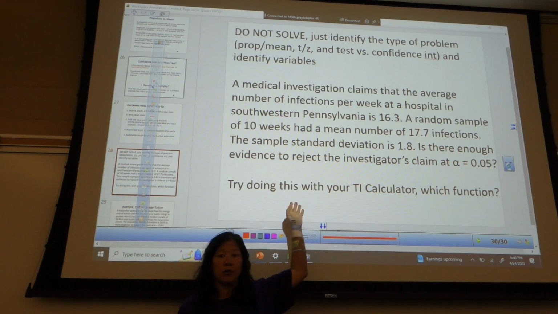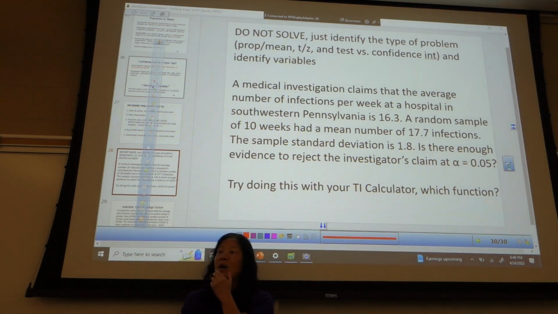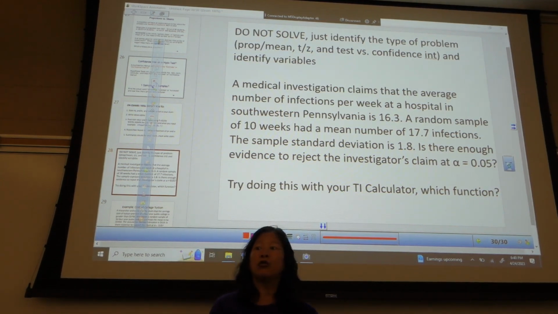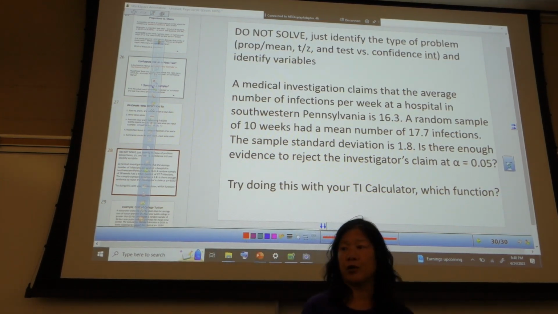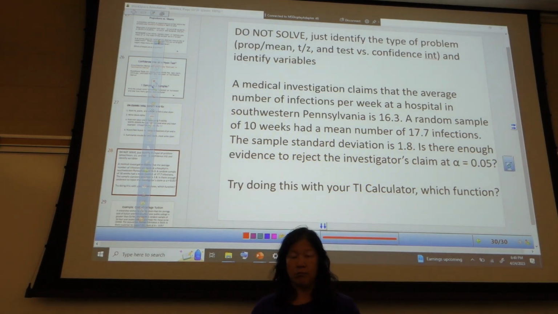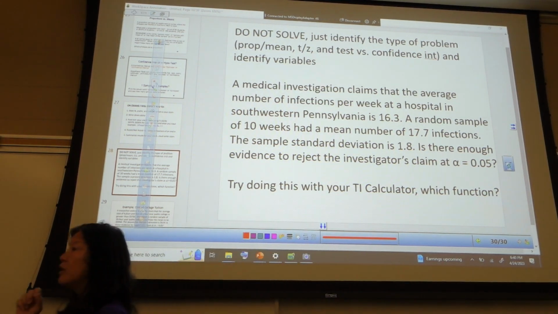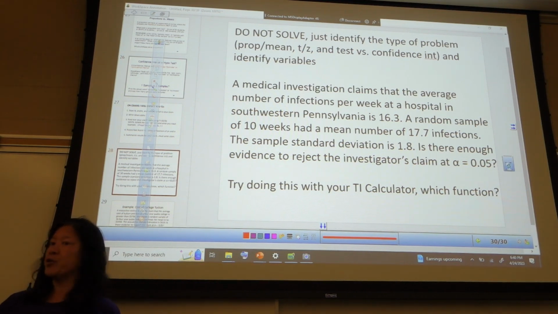But these ones here, people will mess them up because they'll do a hypothesis test on a confidence interval or vice versa. They'll treat a proportion like a mean or vice versa. And obviously, you'll lose almost all your points on that, right? So it's really important because once you know what kind of problem it is, you guys are all good to go.